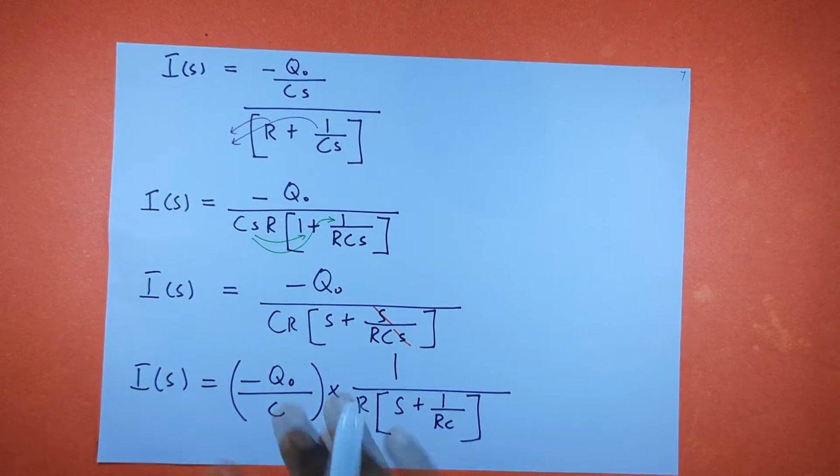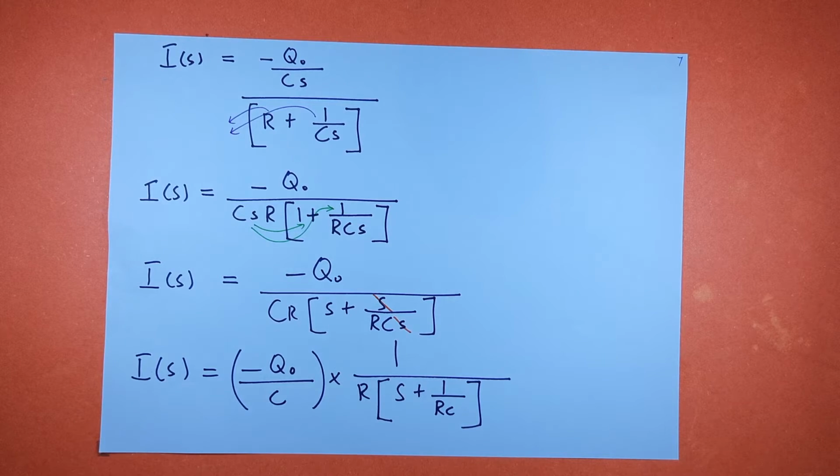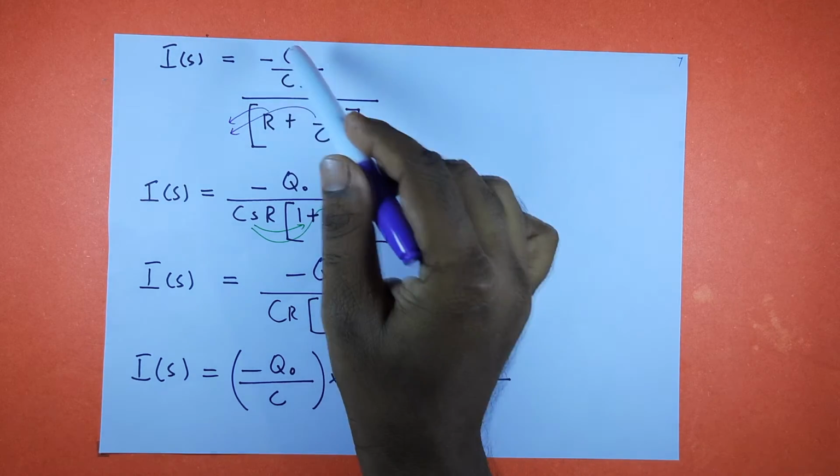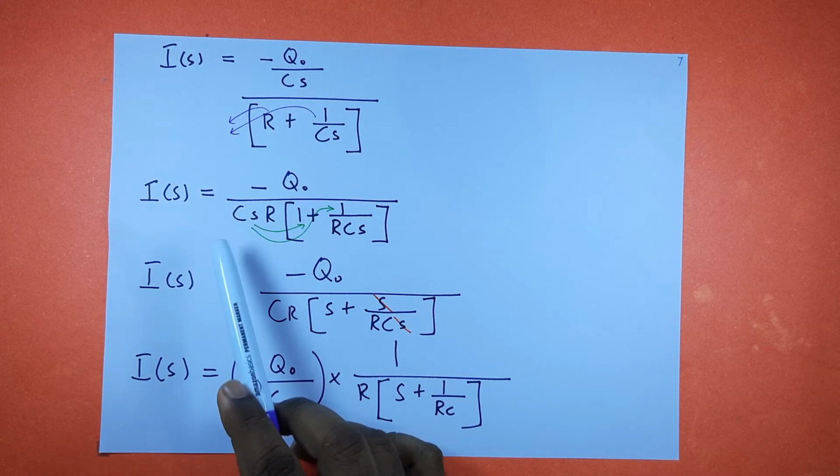So the next step, it is going to be I of S equal to minus Q naught by Cs divided by R plus 1 by Cs. That right hand side term you bring it down. Now what we can write is I of S equal to minus Q naught divided by Cs.